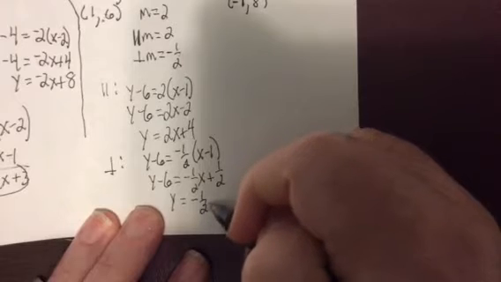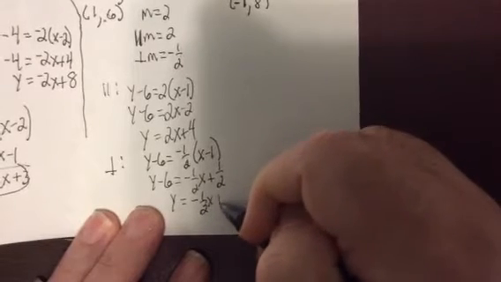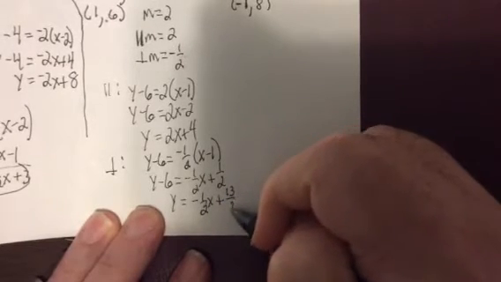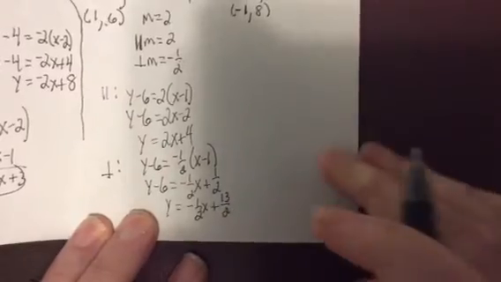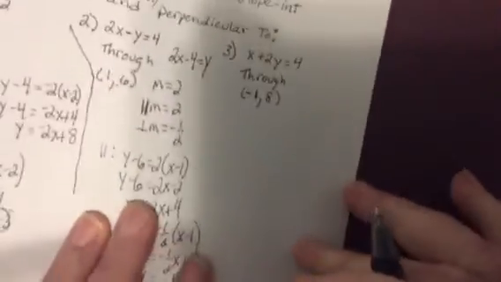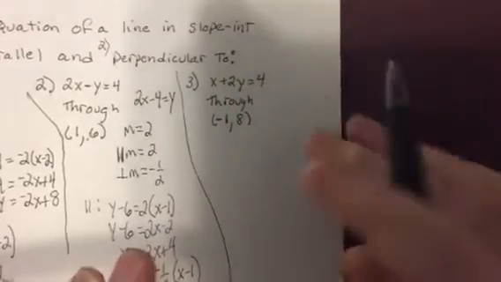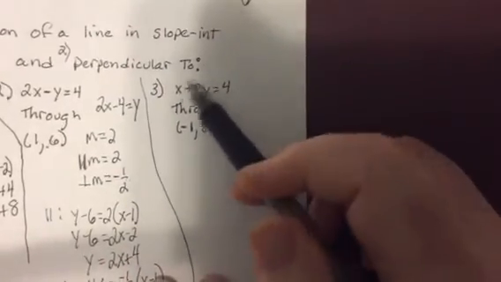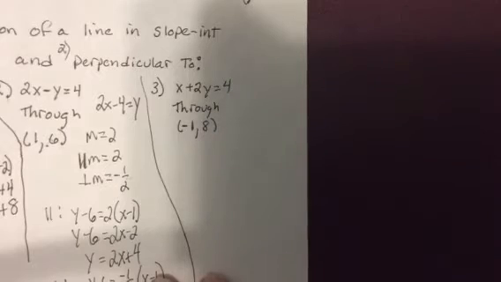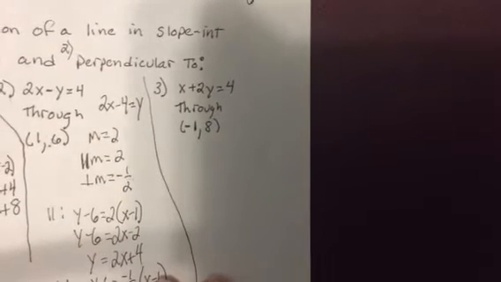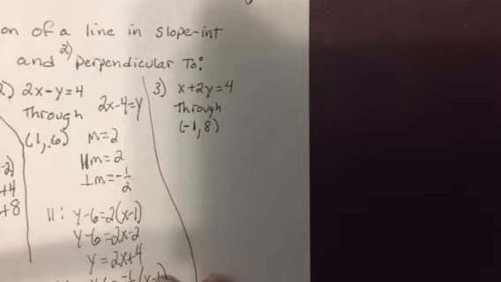Now 6 is the same as 12 over 2. So add 12 over 2 to 1 over 2, and you get 13 over 2. Now, again, I know we only did one example, but given this information, go ahead. Find the slope of the line in slope-intercept form, parallel to and perpendicular to, two different problems. And then don't forget to turn me back on.